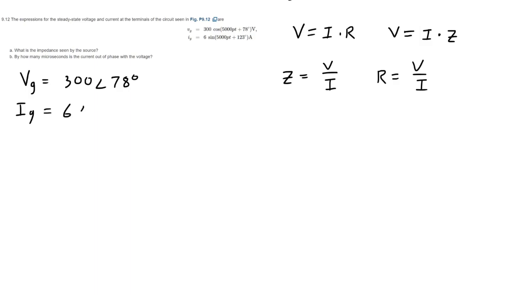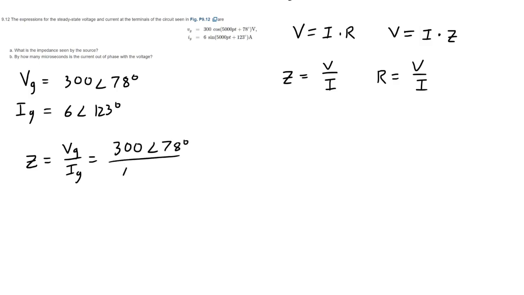And 6, and then a phase angle of 123 degrees. So, to find our impedance, we're going to do VG divided by IG. So 300 over 6, and a phase angle of 123.